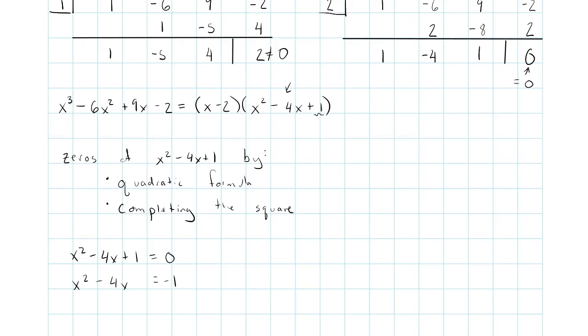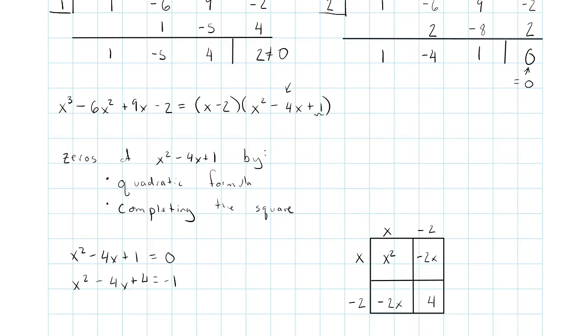And then to actually complete my square, I have my x squared. Splitting -4x in half, I'll have a -2x and another -2x. So that'll be x times x. I'll have a -2 here, a -2 here. What I need to complete my square is a 4.